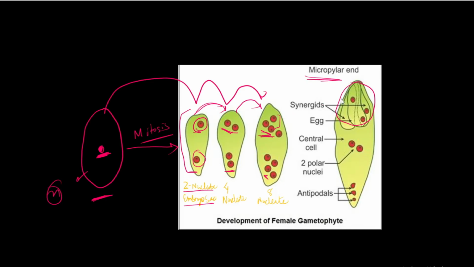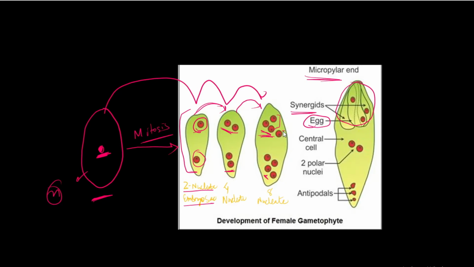These three nuclei are covered with some cytoplasm, and as a result we now call them cells. Out of these three, one is the egg cell and the other two are synergids.